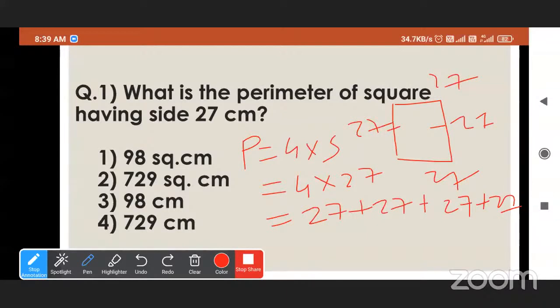But here we don't have 108. The given options are incorrect. Good. The answer is 108 centimeter. Very good.